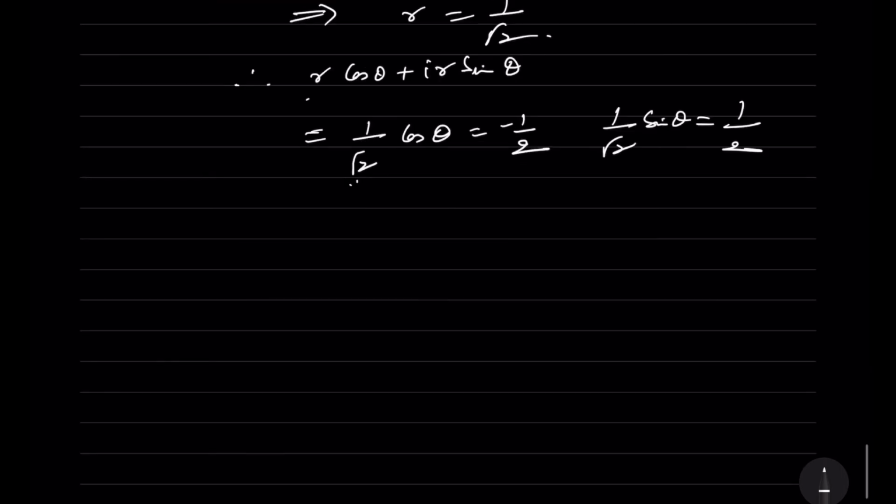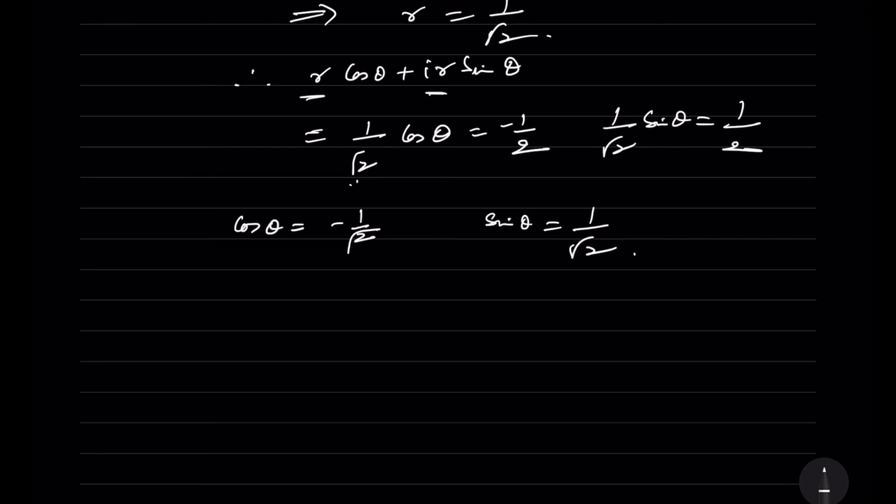That is, we substituted the r value so that we can get this. In order to find the argument and the modulus, we need this. So you can write cos theta is equal to minus 1 by 2 by 1 by root 2, which becomes minus 1 by root 2, and sin theta is equal to 1 by root 2.